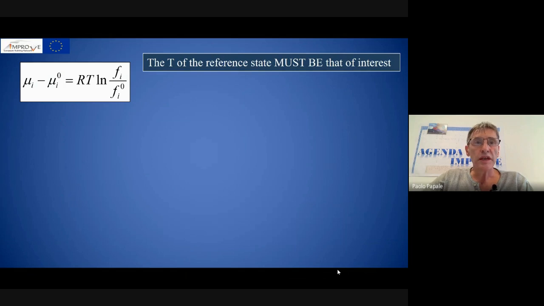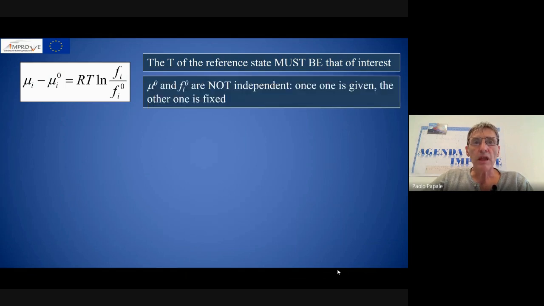Also note that the reference fugacity and reference chemical potential are not independent. In fact, we have introduced fugacity as a replacement of pressure, with the reference fugacity replacing the reference pressure at which the chemical potential is known.